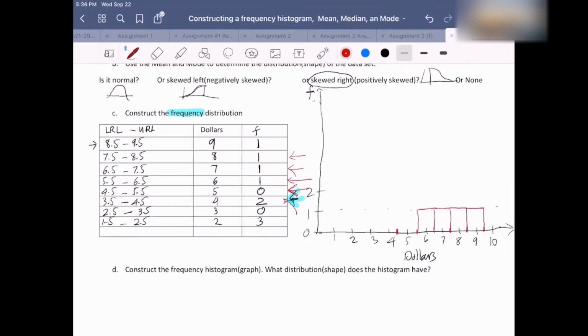So for number 4, the limits are 3.5 to 4.5, which is right here. And the frequency of number 4 is 2. That means that it will go up all the way here. So it's going to be like this. Yeah, so the bar of number 4 is 2, everyone, the frequency.